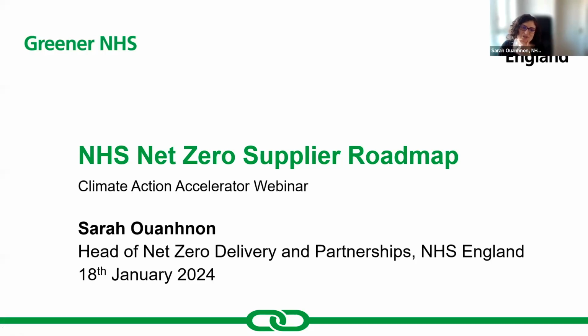So I'm Sarah. I'm from the NHS in England. Just for those who are not familiar with the NHS, we are the publicly funded healthcare system in England. In terms of size, it's about 230 healthcare provider organizations, and we also cover primary care. So really a big reach.